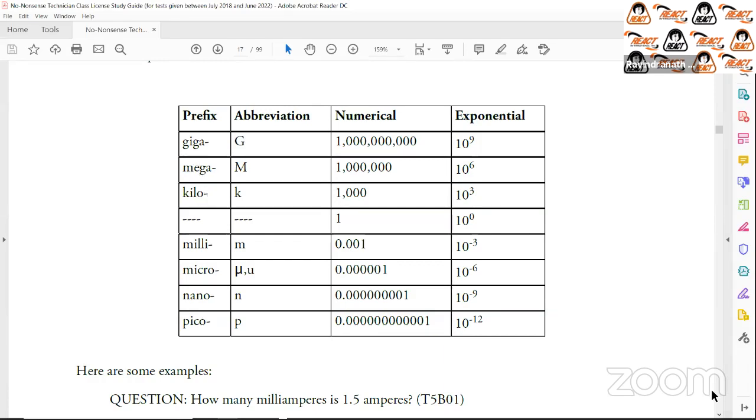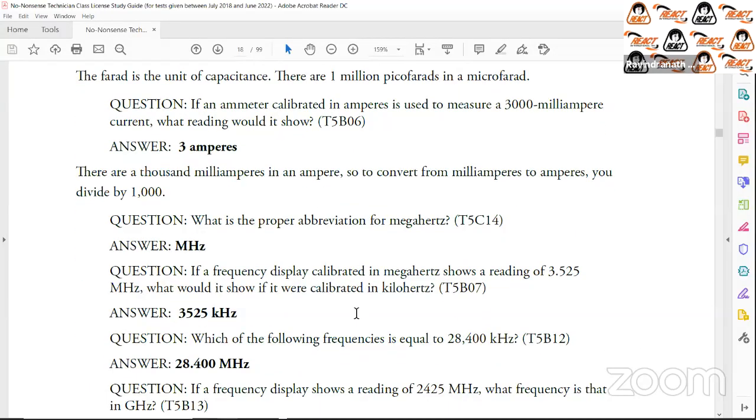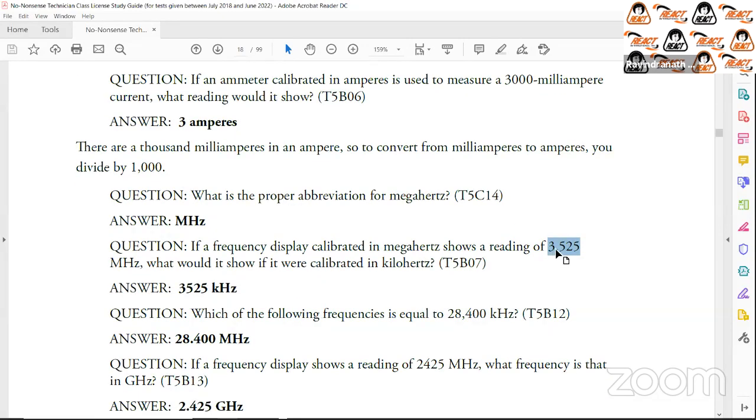So we apply that knowledge to the question and multiply 3.525 by 1,000 because we are going from megahertz to kilohertz. When we do that multiplication, we shift the decimal point 3 places, 1, 2, 3, and that gives us 3,525.